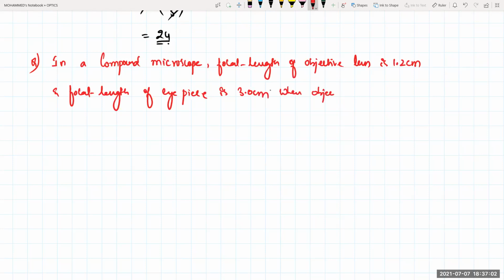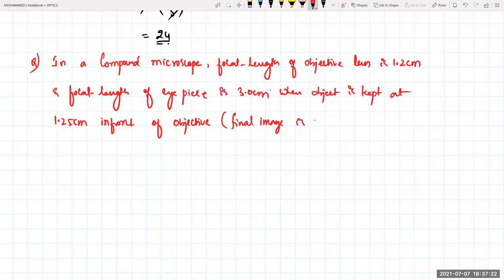When the object is at 1.25 centimeter in front of the objective, the final image is formed at infinity. Okay, magnifying power is how much?